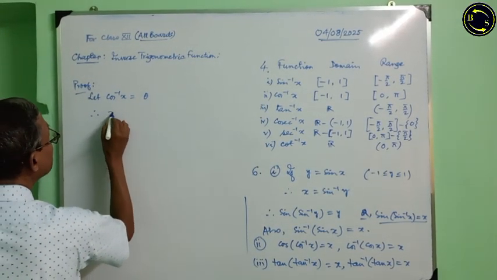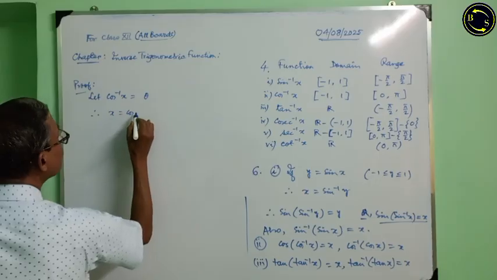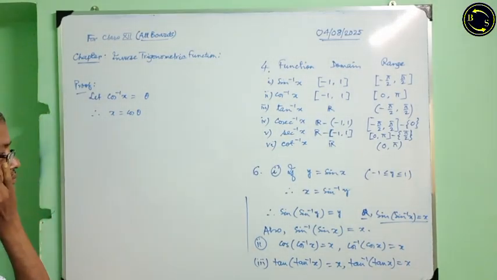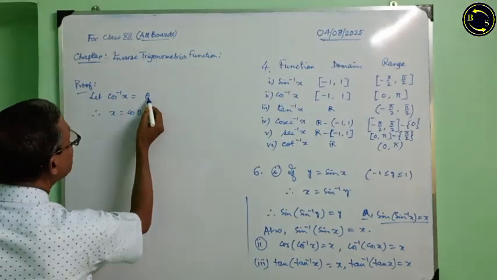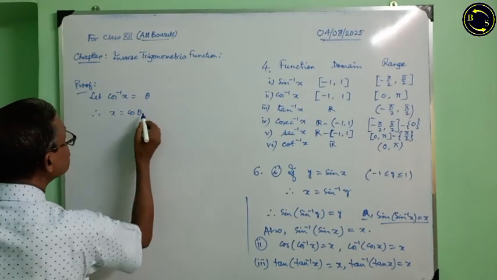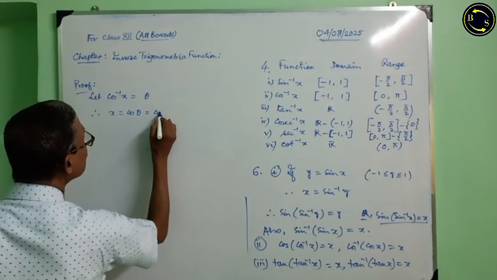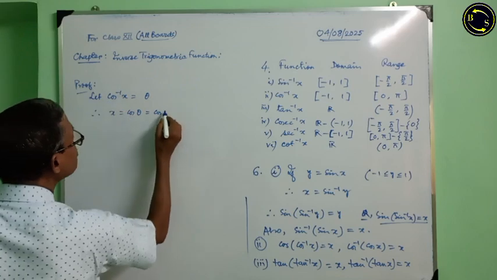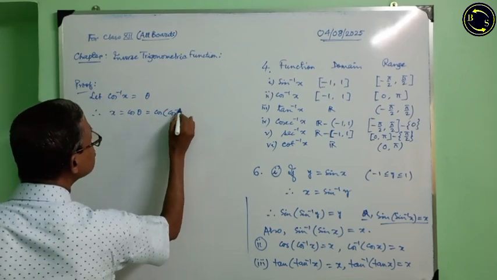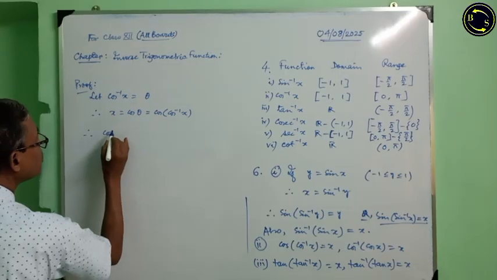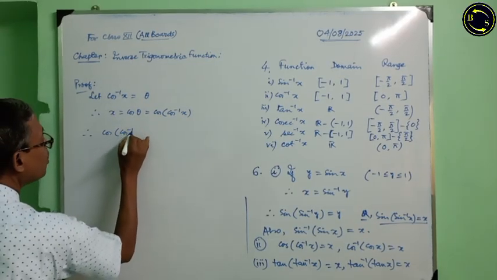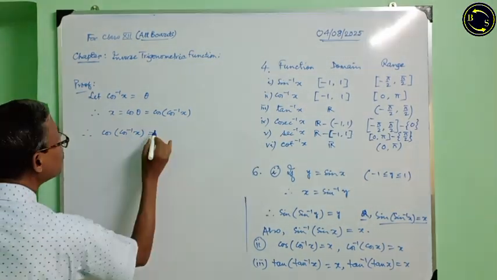Therefore, x equal to cos theta. Now, here I can replace this one. Cos theta means cos inverse x. Finally, what we have got? Cos of cos inverse x equal to x.